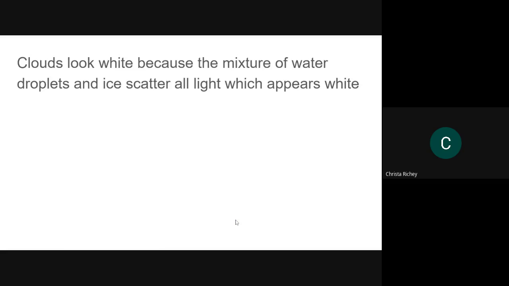Why clouds look white? Now, it depends on where the cloud is. It depends on the density of the cloud. White clouds are normally upper level clouds. The sunlight scatters as it goes from the top of the cloud through the bottom, but it can penetrate through the cloud.